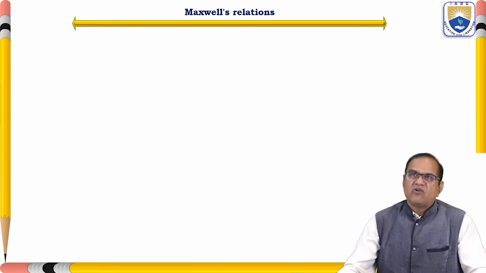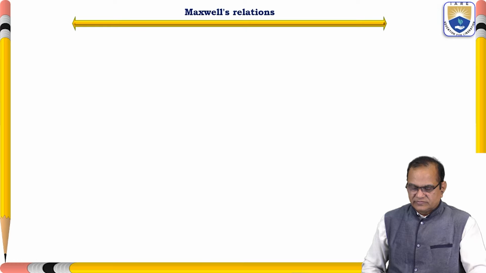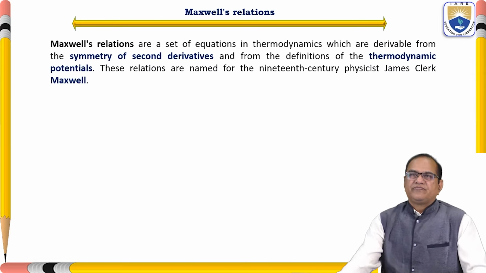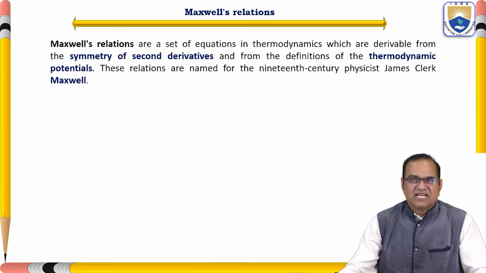Now I will discuss Maxwell relations. Maxwell relations are a set of equations in mathematics which are derivable from the symmetry of second derivatives and from the definition of the thermodynamic potentials.